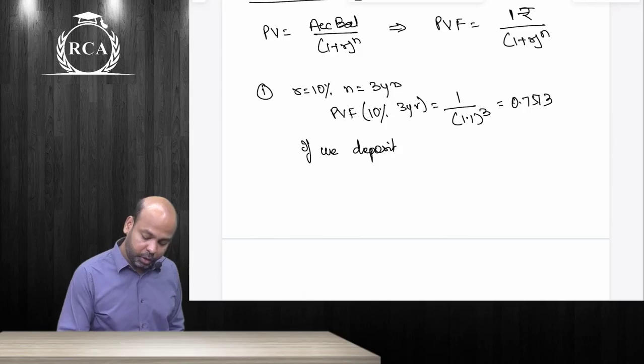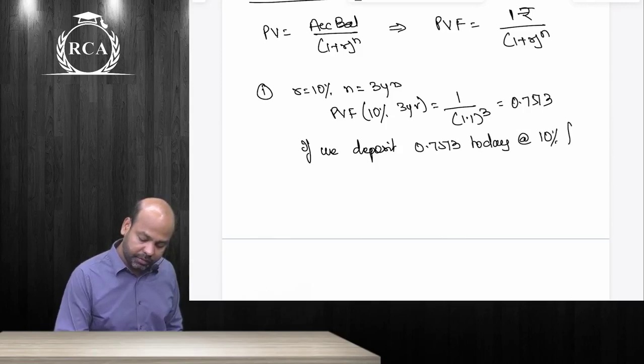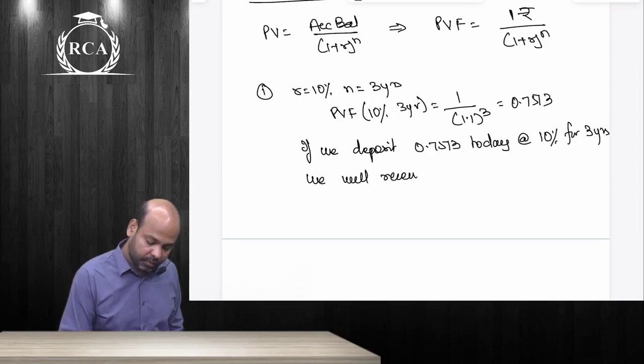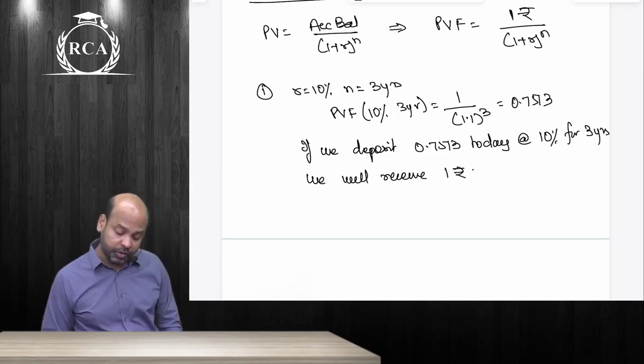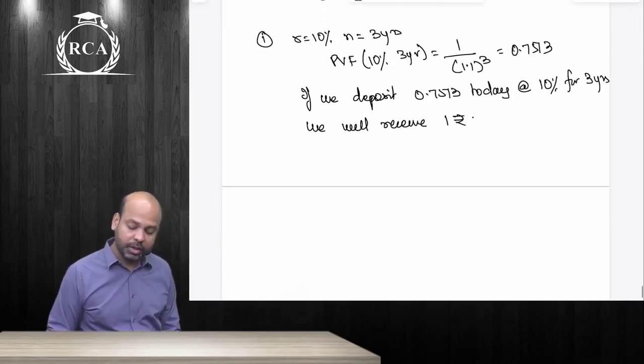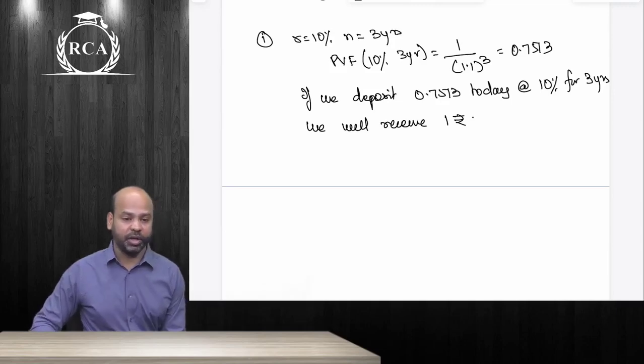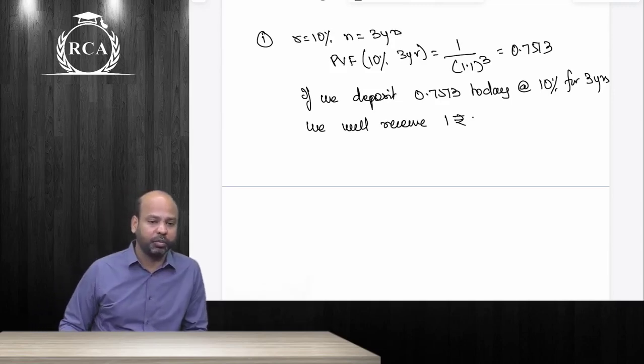So if we deposit 0.7513 today at 10% for 3 years, we are going to receive 1 rupee.